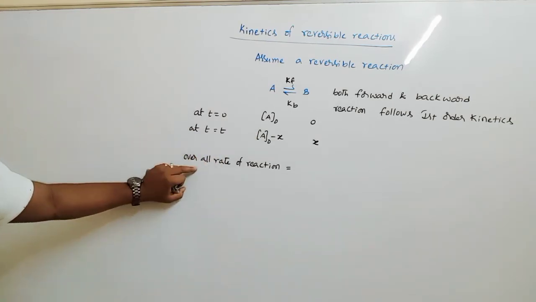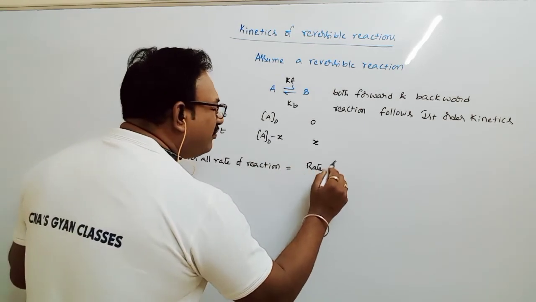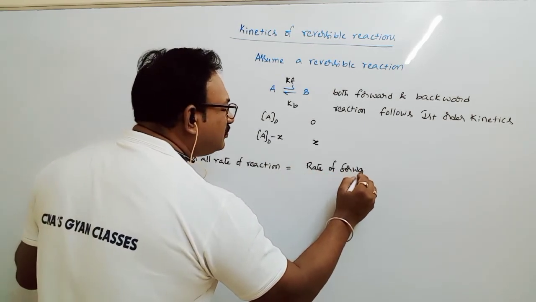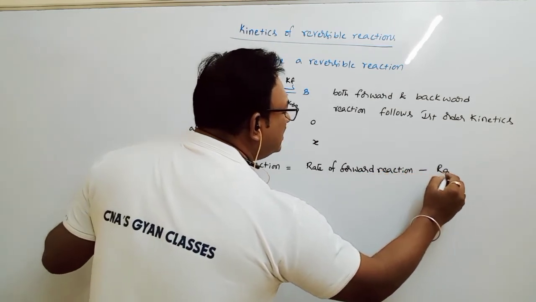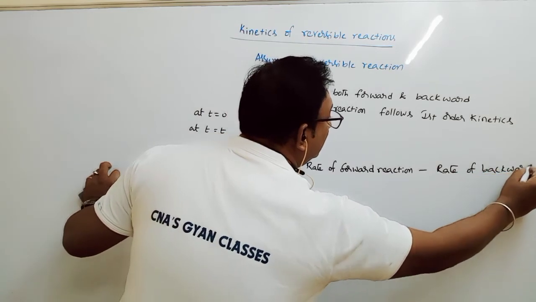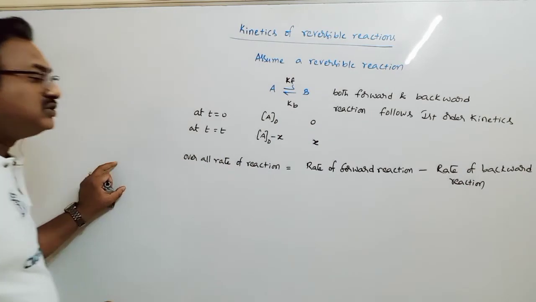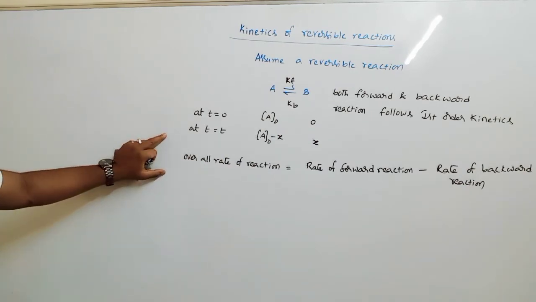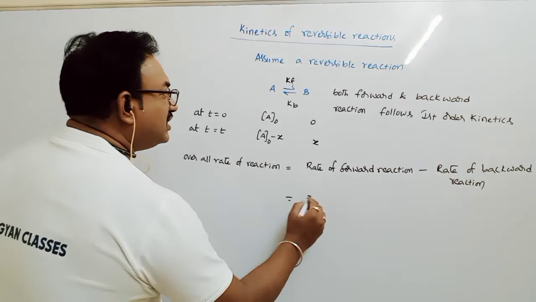So the overall rate of reaction is the rate of forward reaction minus the rate of backward reaction.